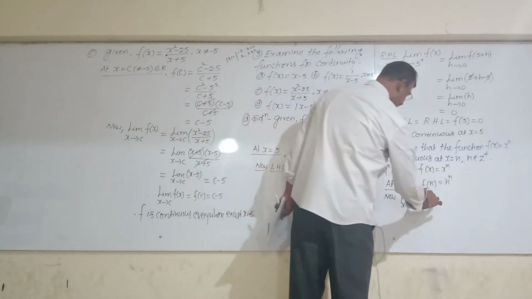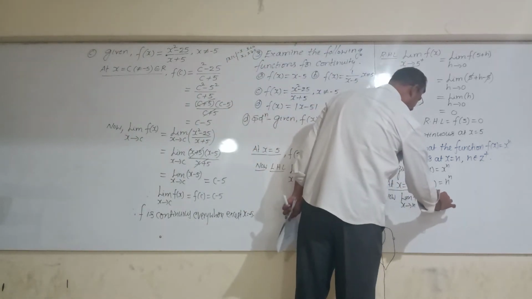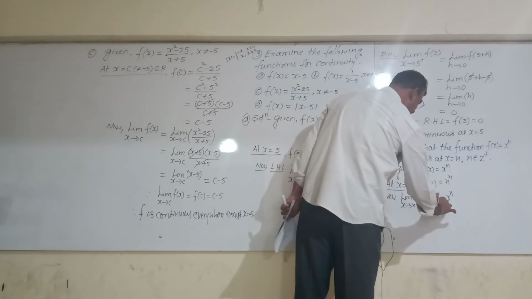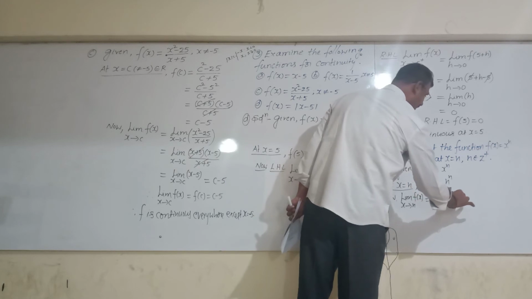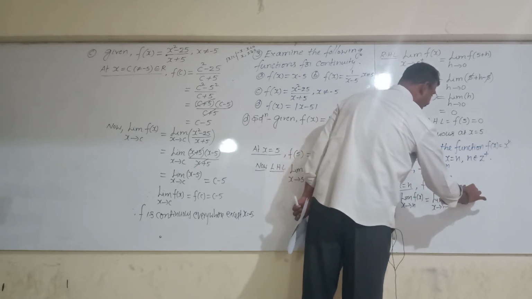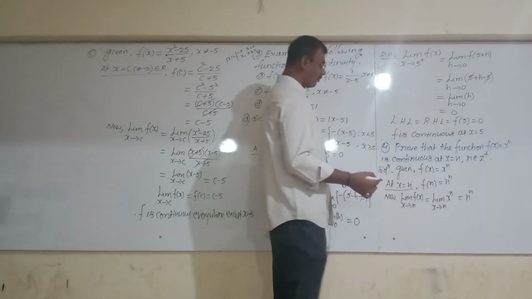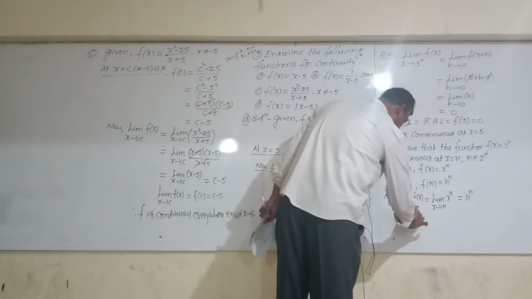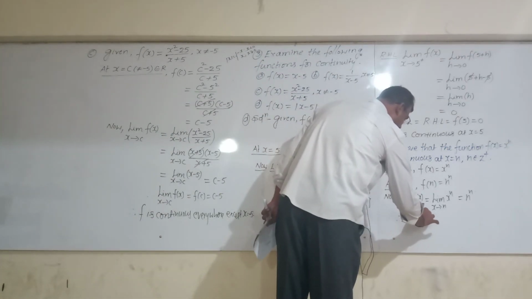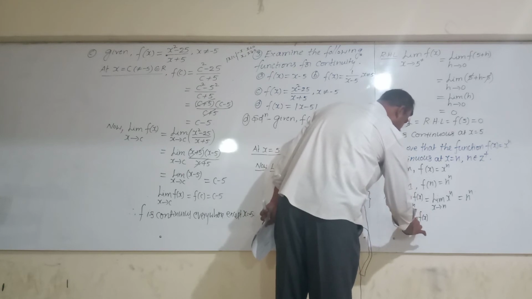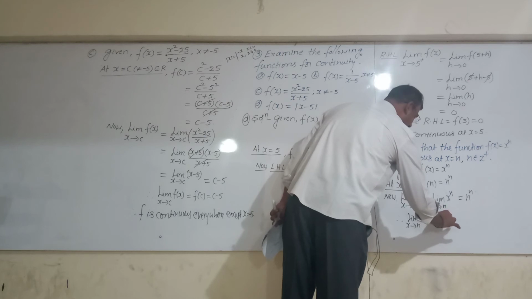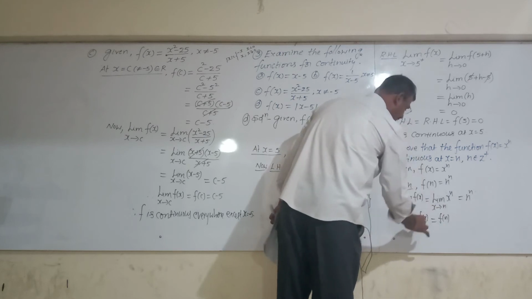This equals limit of x raised to n as x approaches n. Applying the limit, this is equal to n raised to n. Therefore, limit of f of x as x approaches n is equal to f of n.